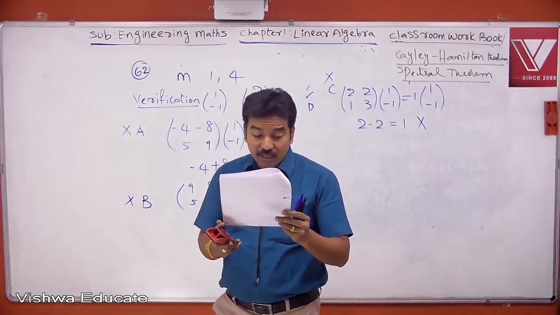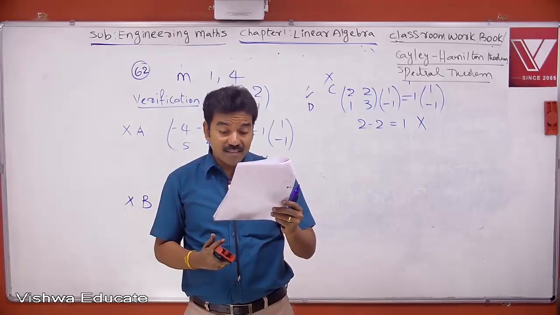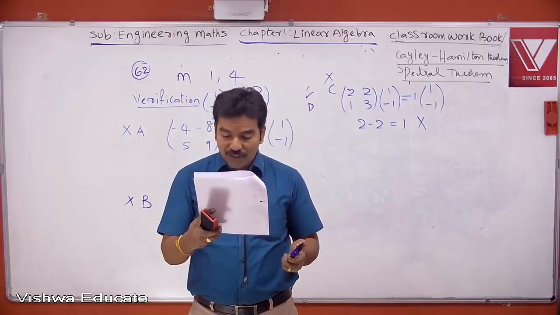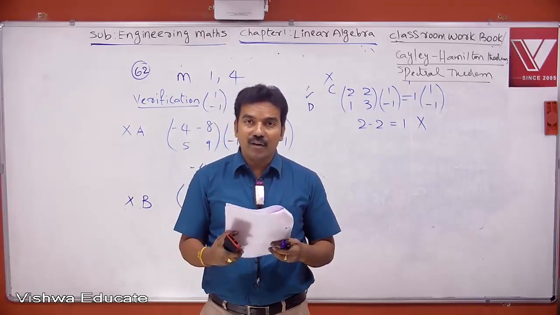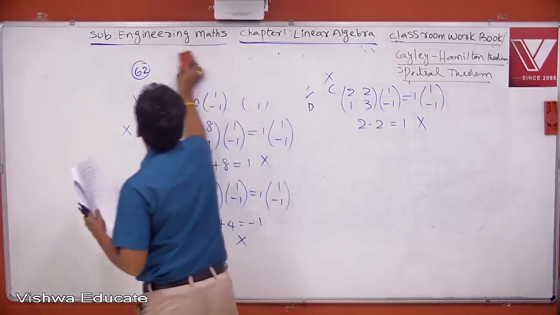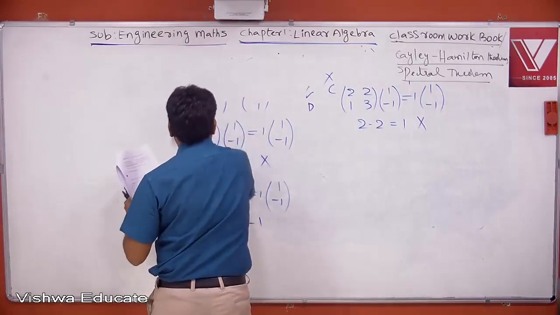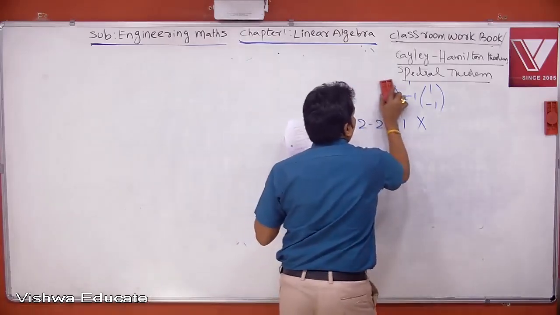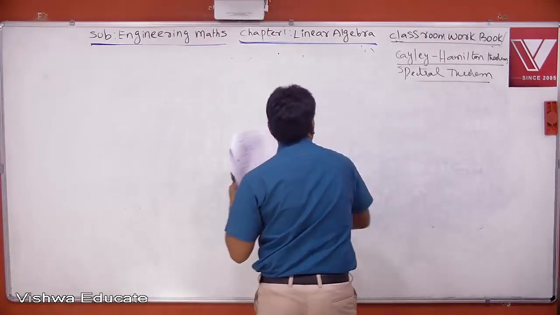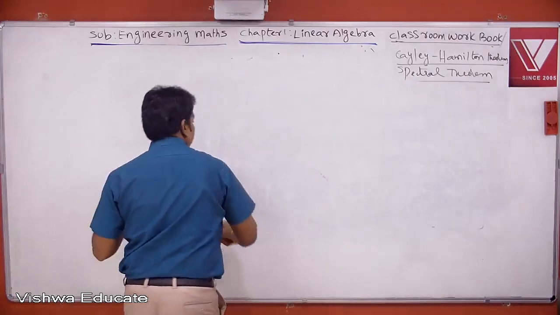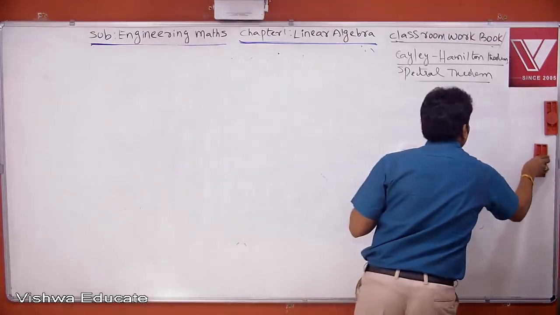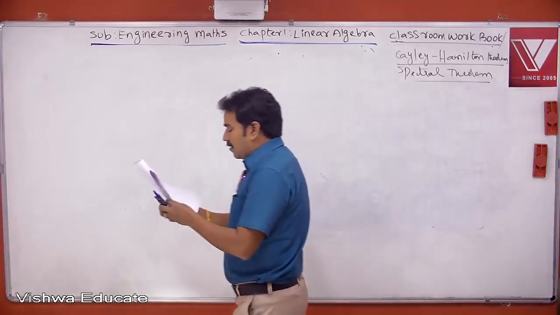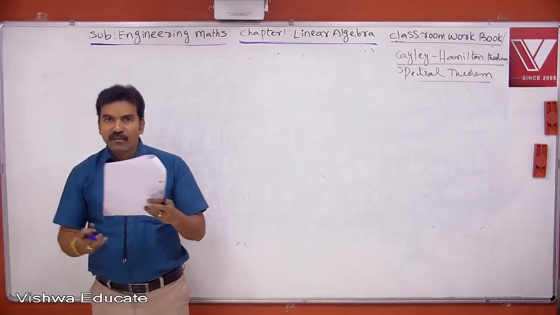Now we discuss question number 63. Probably this is the last question on the concept of eigenvalues and eigenvectors. This is exactly similar to the previous question.